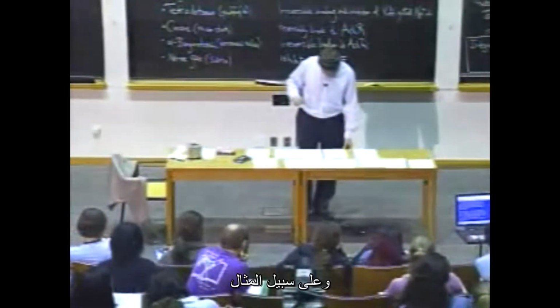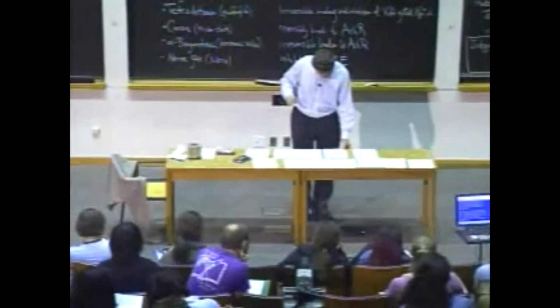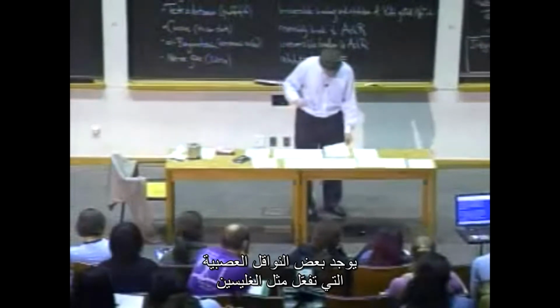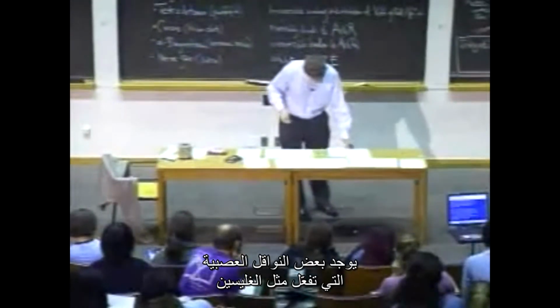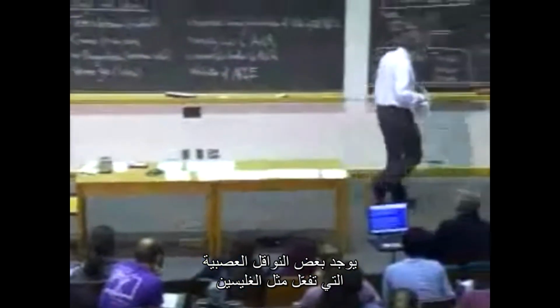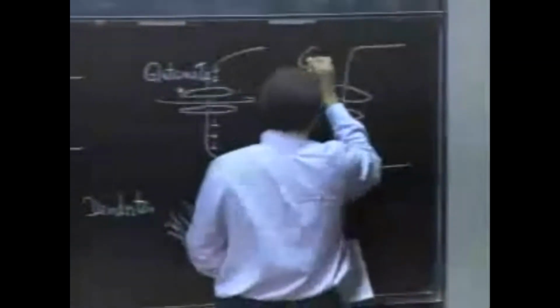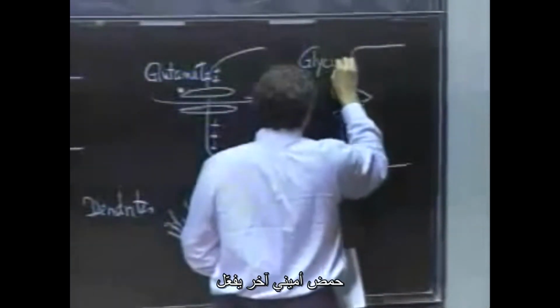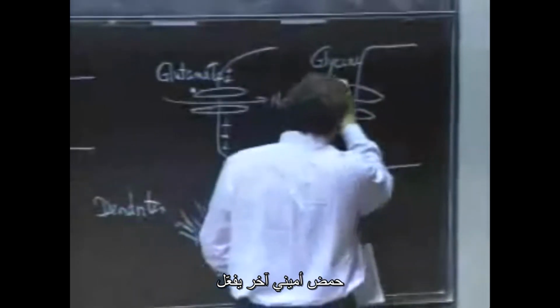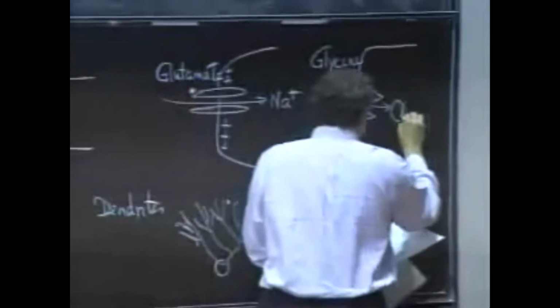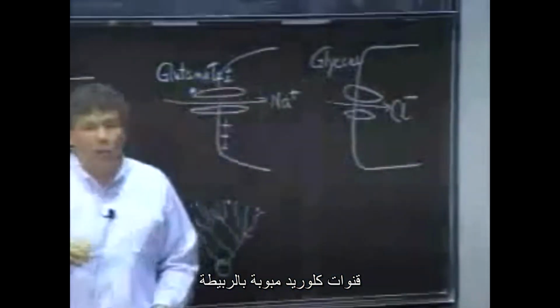For example, there are some neurotransmitters, like glycine, another amino acid, that activate ligand-gated chloride channels.